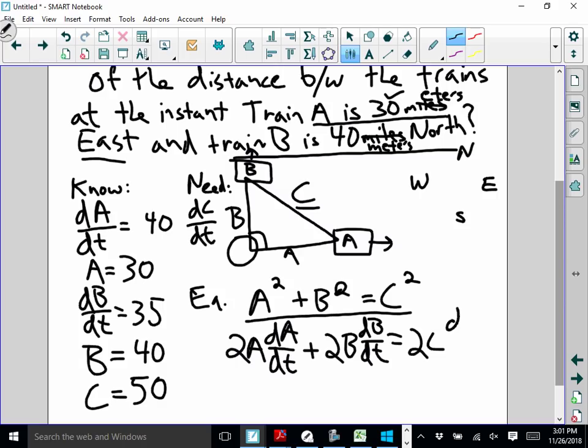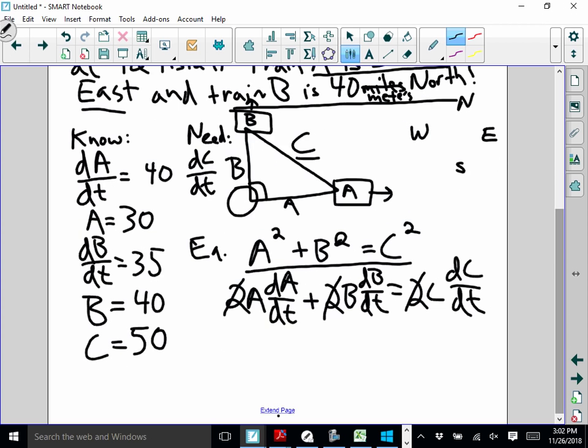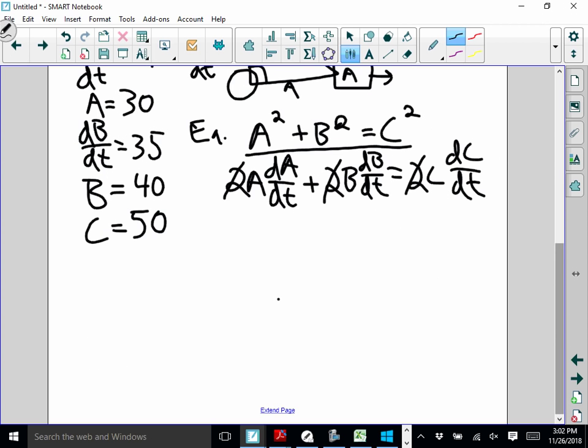Now, one thing that I want you to understand is that when you do this equation and you derive it, notice what shows up in every single piece of this equation. Well, the number 2 does. I'm just going to go ahead and divide that 2 out in all 3 spots. This is a good technique to use on no calculator. It just makes it easier to calculate this all out.